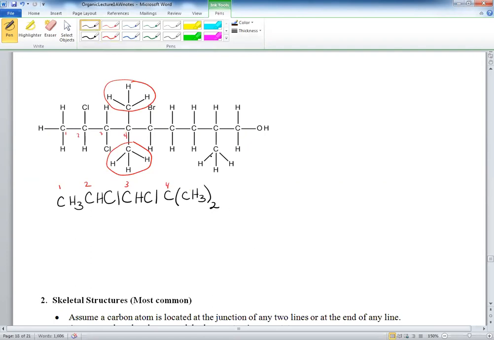Continue. CHBr, that's a Br right there. CH2, CH2. Let me keep the numbering so you can follow here. So you have 5, you have 6, you have 7, that's 5, 6, and 7. Okay.